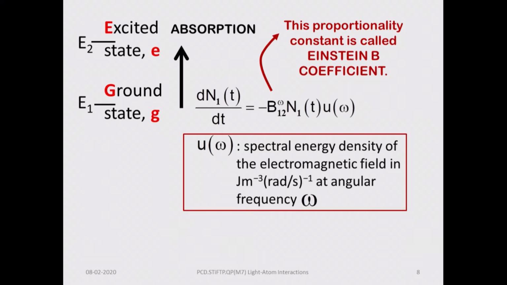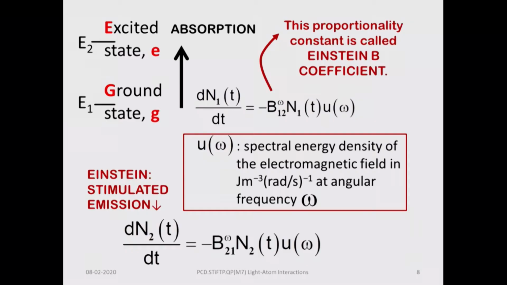And this is something which is not very intuitive, but it needs the mind of Albert Einstein. Einstein introduced that if the field can induce transitions from the state E1 to E2, it would also induce transitions from E2 to E1, which will be stimulated emission.